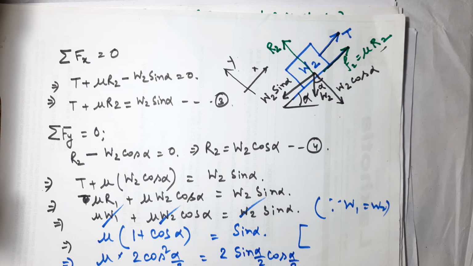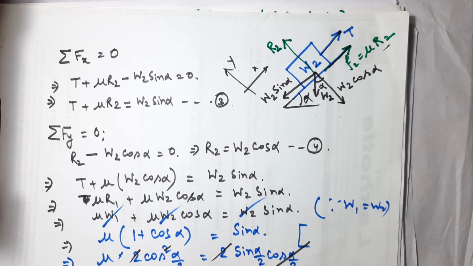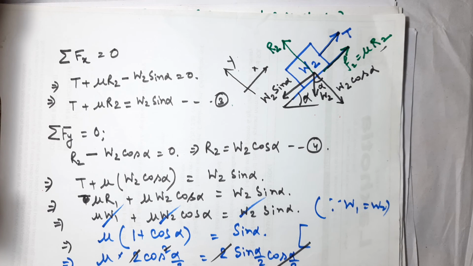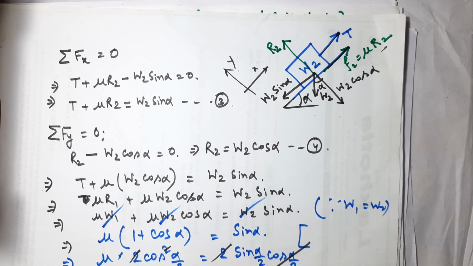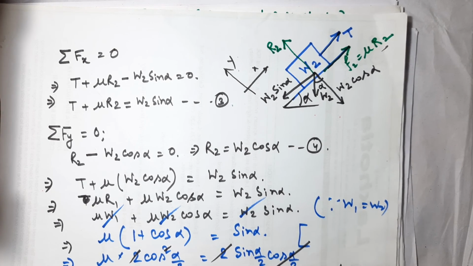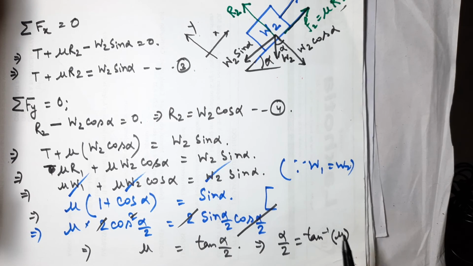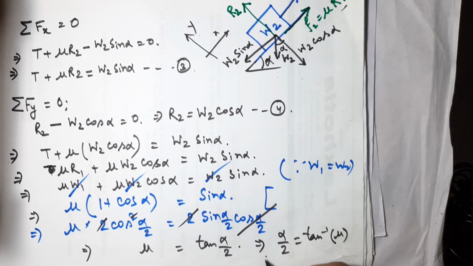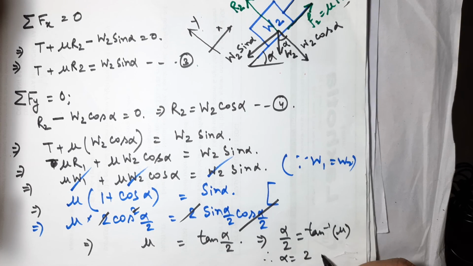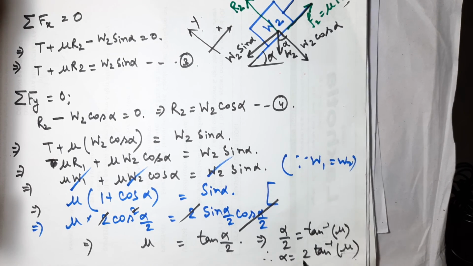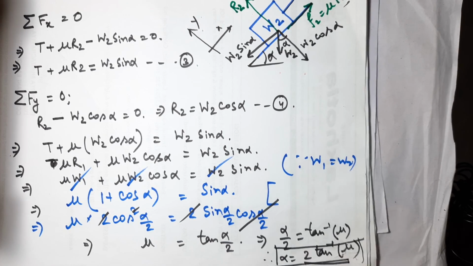So cos alpha by 2 cancels and 2 cancels, and mu is equal to tan alpha by 2. So alpha by 2 is equal to tan inverse mu. It is very simple. So alpha is equal to 2 into tan inverse mu. This is the alpha value. Understood?